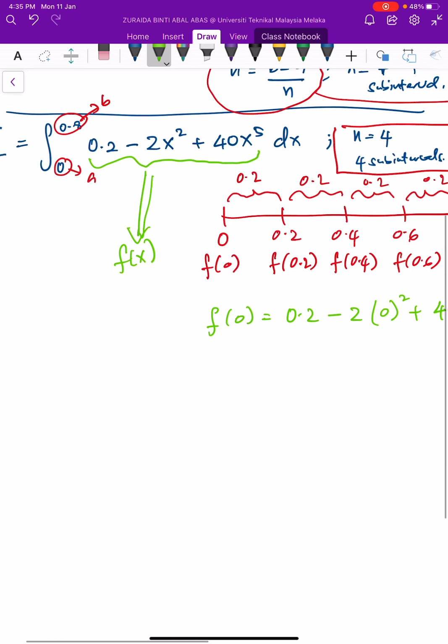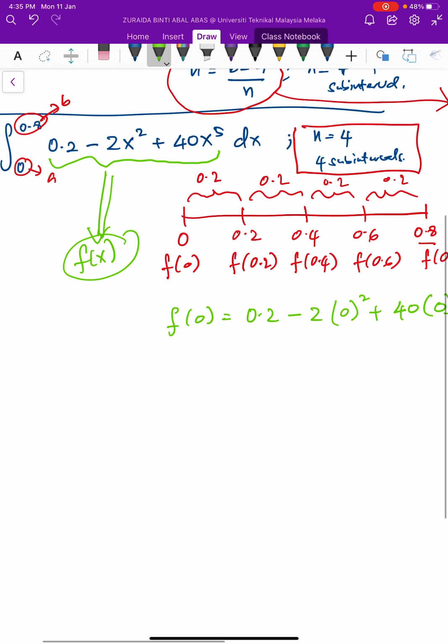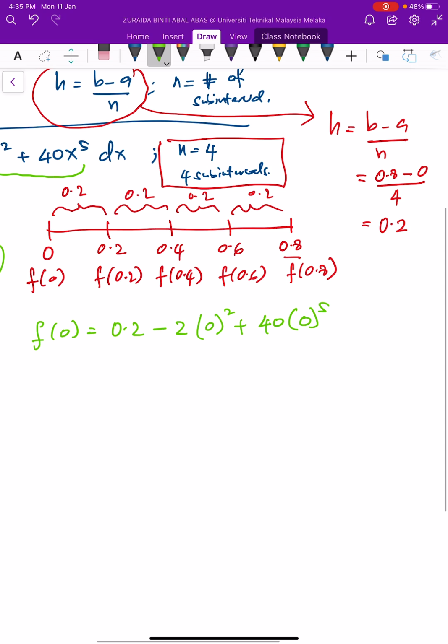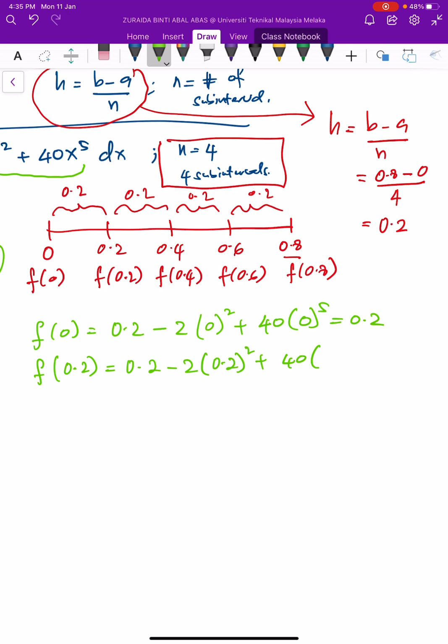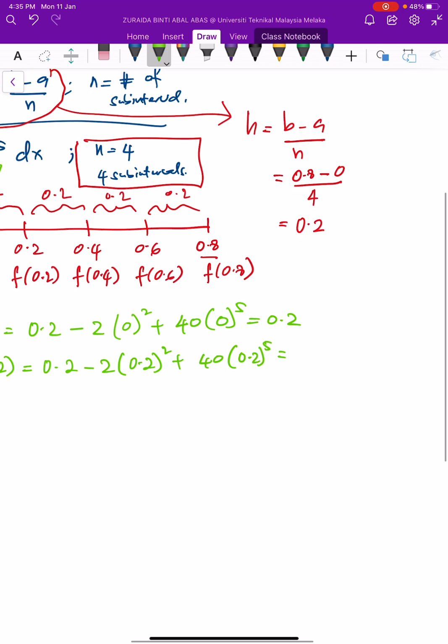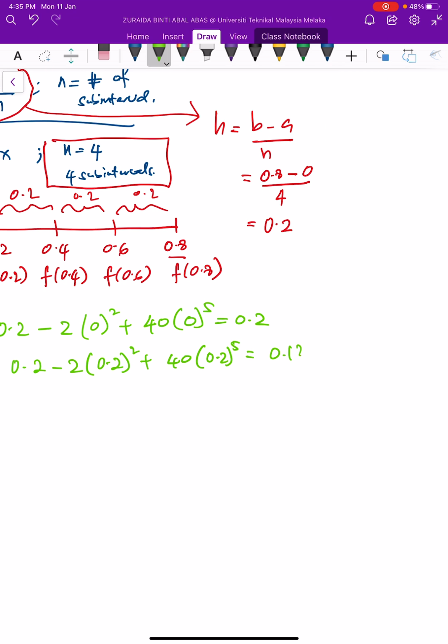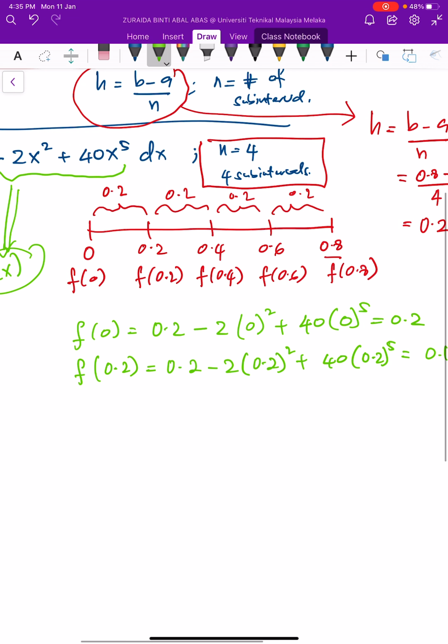You just plug into this function, yeah? So this one you will get 0.2. Now you need to evaluate the function when x equal to 0.2. So when you plug in 0.2, this is 0.2 minus 2 times 0.2 to the power of 2 plus 40 multiplied by 0.2 to the power of 5. So then this one you will get 0.1328.